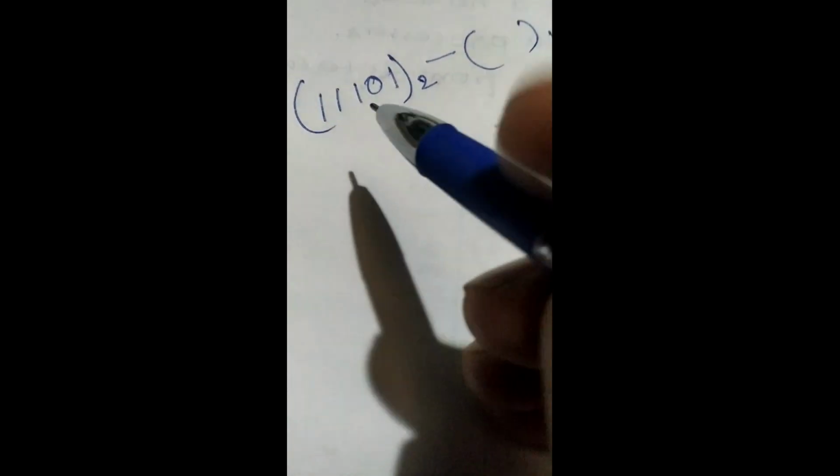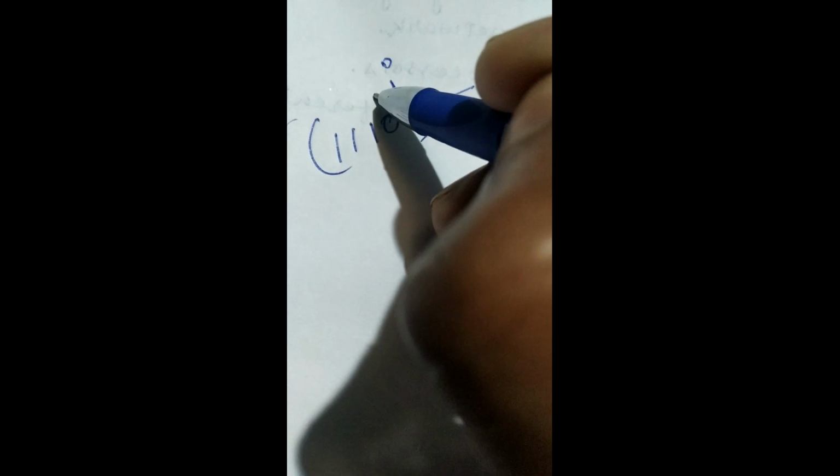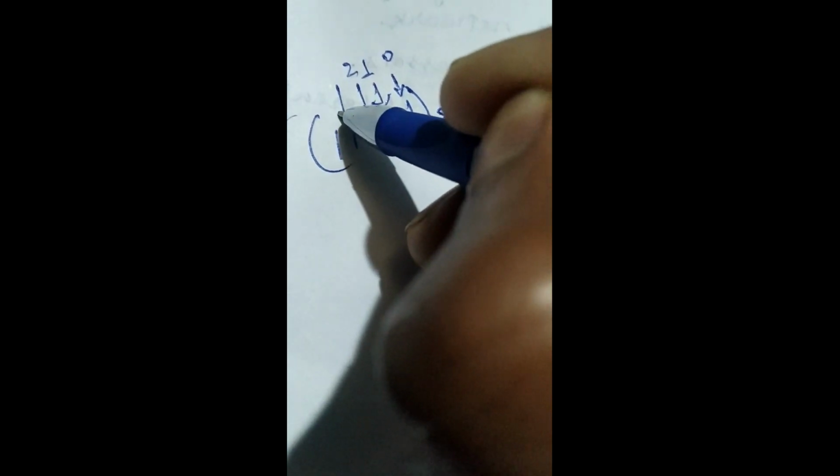Once again, first of all we note the positional value of each digit. The positional value of this 1 is 0, of this 0 is 1, of this 1 is 2, of this 1 is 3, and of this 1 is 4.